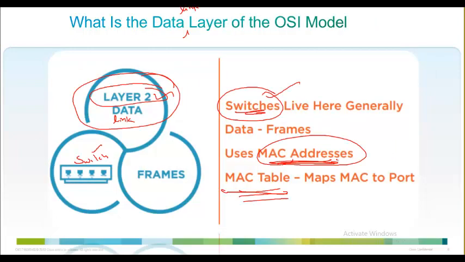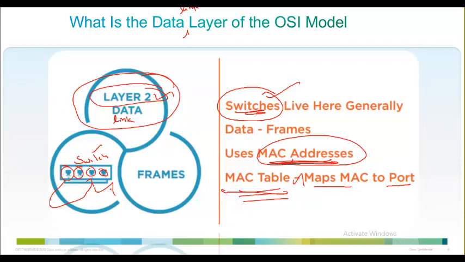Switch is an intelligent device. It learns the MAC addresses of the devices that are connected to the ports. So if I connect one computer here, another computer here, the MAC addresses of all these computers are learned in this MAC table. So that when a computer wants to talk to another computer, the packet goes directly to that computer, not to all other computers.